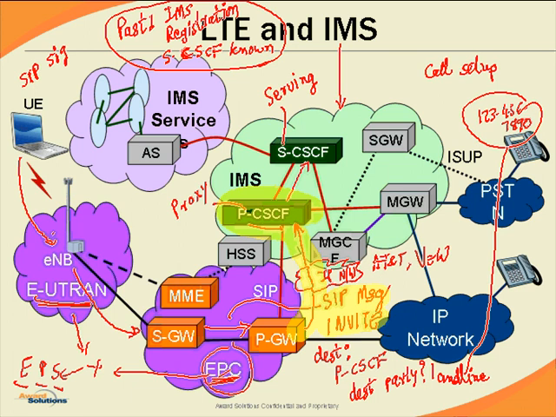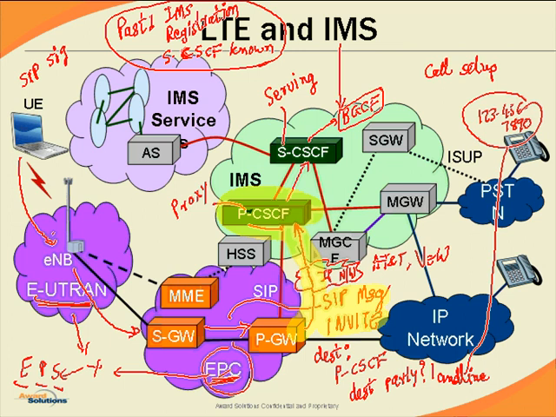We have to enter another domain, the circuit switch domain, PSTN. So we have to break outside the domain. It will forward the message to the so-called breakout gateway control function, because we are breaking out of the IP domain into some other domain such as PSTN.